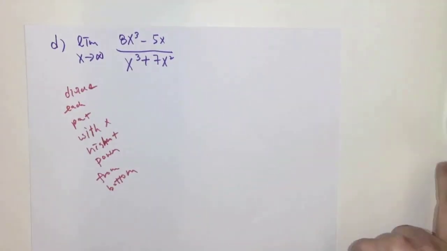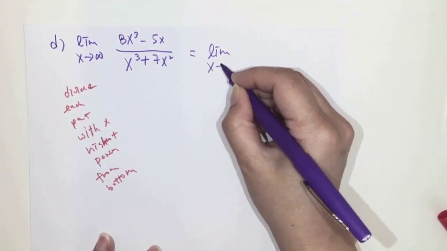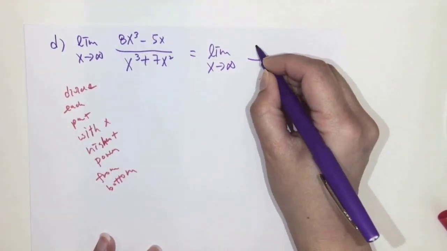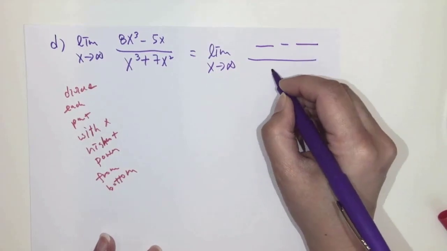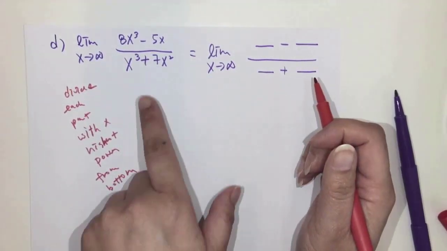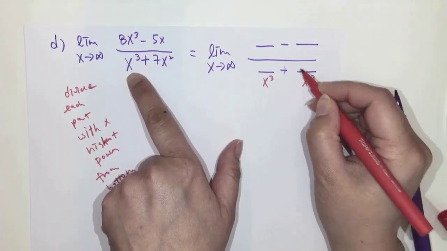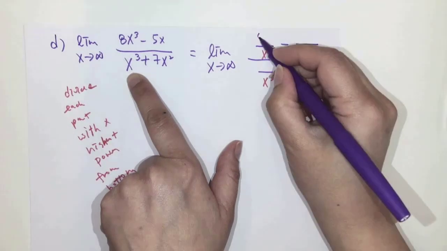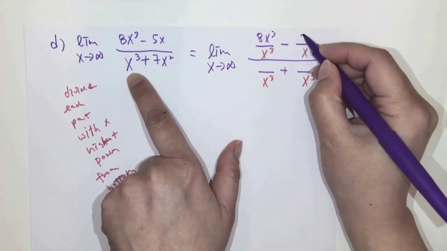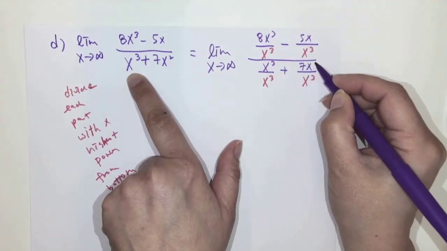Okay, so each part. I haven't plugged in anything yet, so I still have to carry the limits. Each term, each part of the fraction, needs to be divided by x to the highest power from the bottom, which I see is x cubed. So 8x cubed, 5x, and then x cubed, and 7x squared.